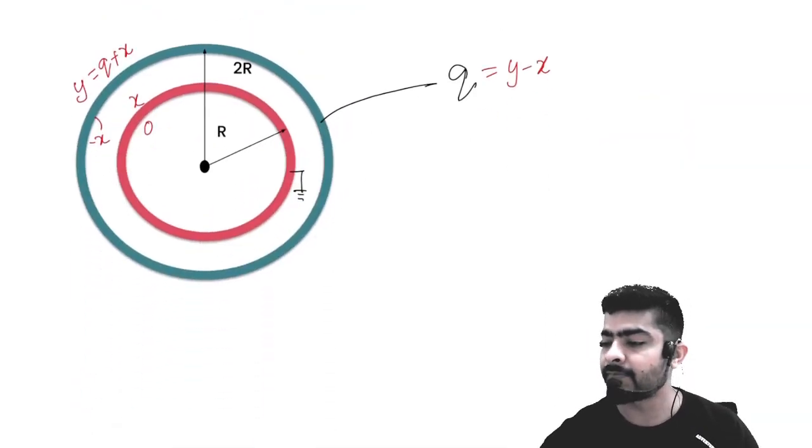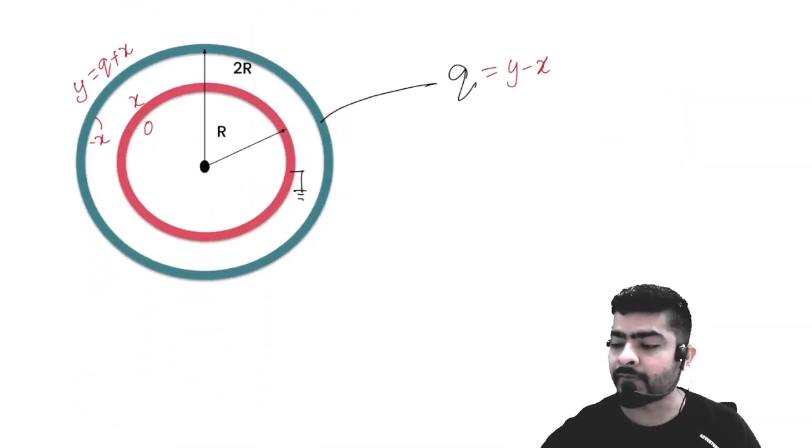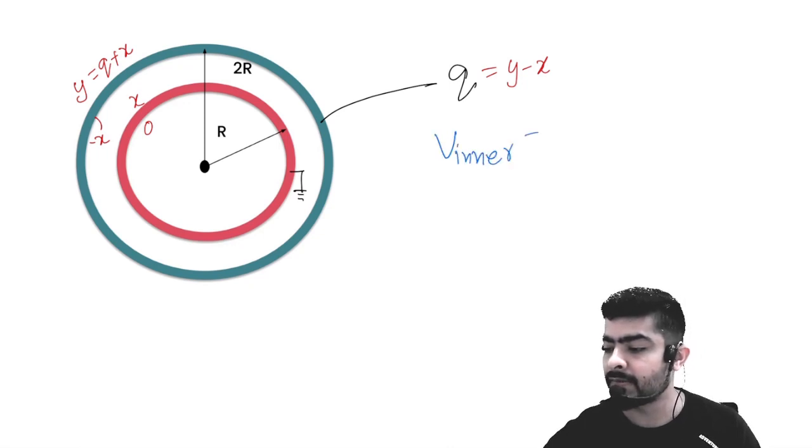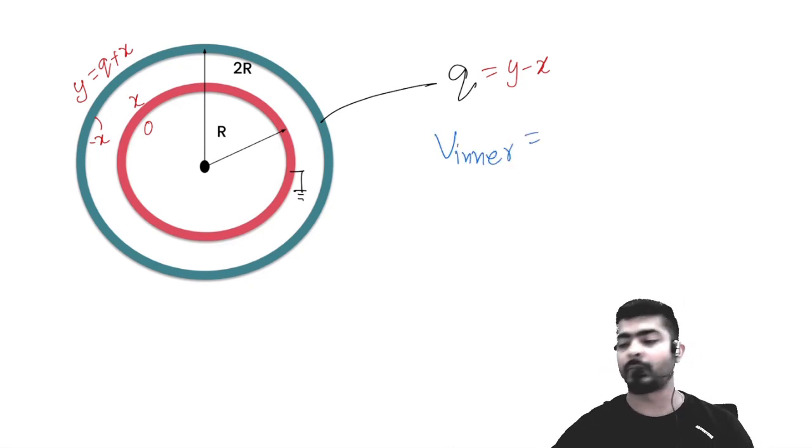So all we need to do is find the value of X. For that, make the potential of the inner sphere equal to 0. So V inner equal to, first of all, let's find the formula. 0 charge doesn't matter.